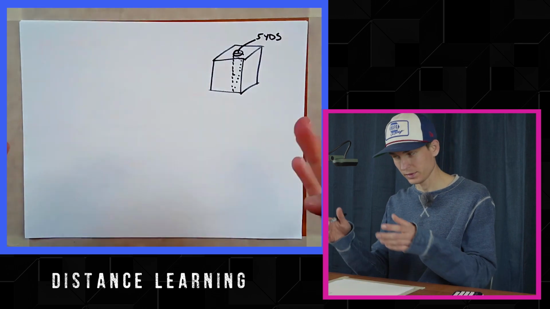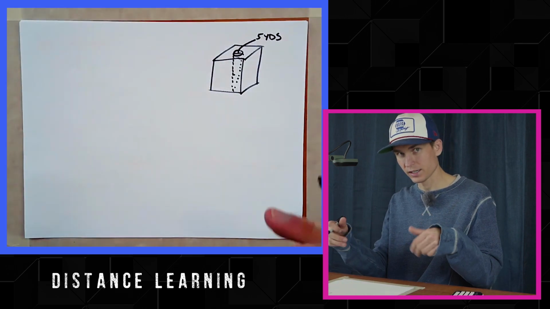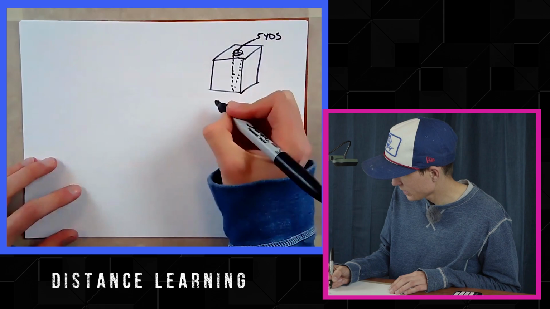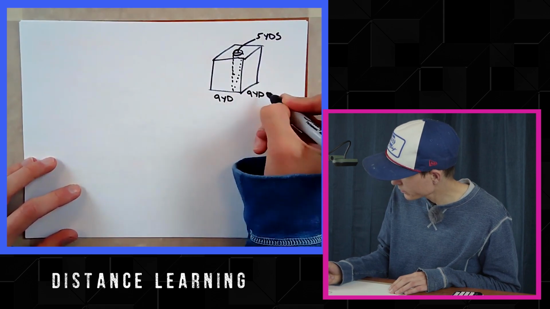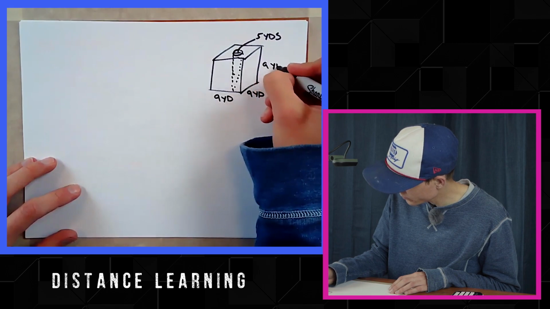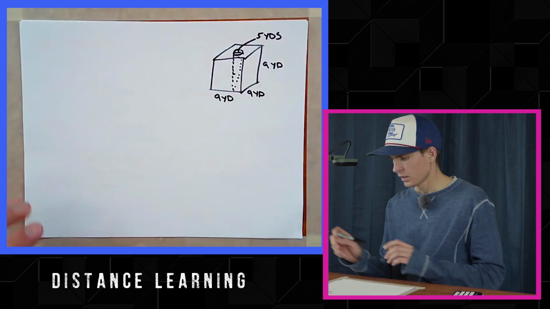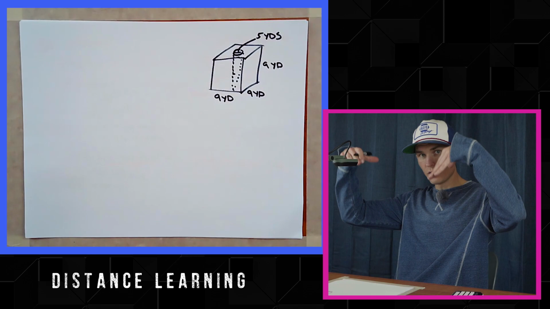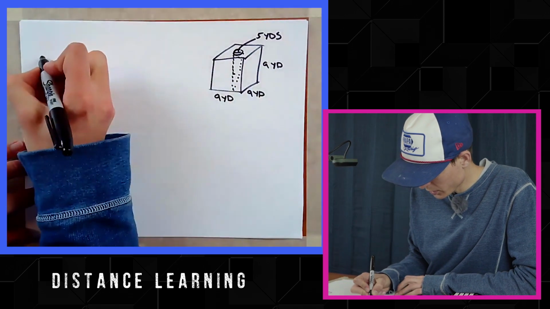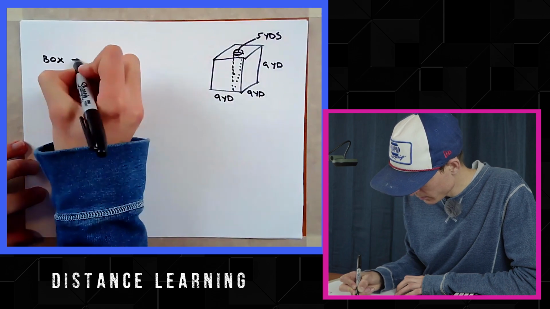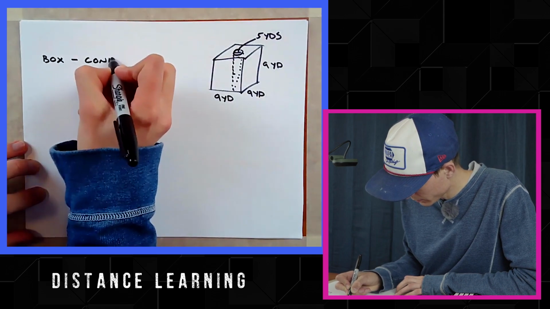But the dotted lines mean it's cut out. Hopefully that makes sense. So it's a box with a cone cut out of it. So subtraction. So you're going to do box minus cone.